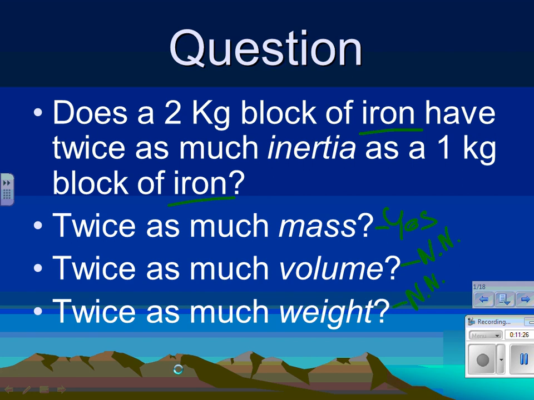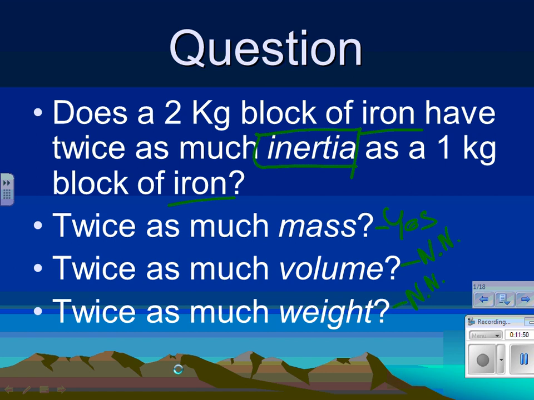So let's talk about this idea of inertia. We use the word inertia to describe Newton's first law, an object at rest, an object in motion, and so on. The idea of inertia is this: inertia is the property an object has that determines how much it resists change.